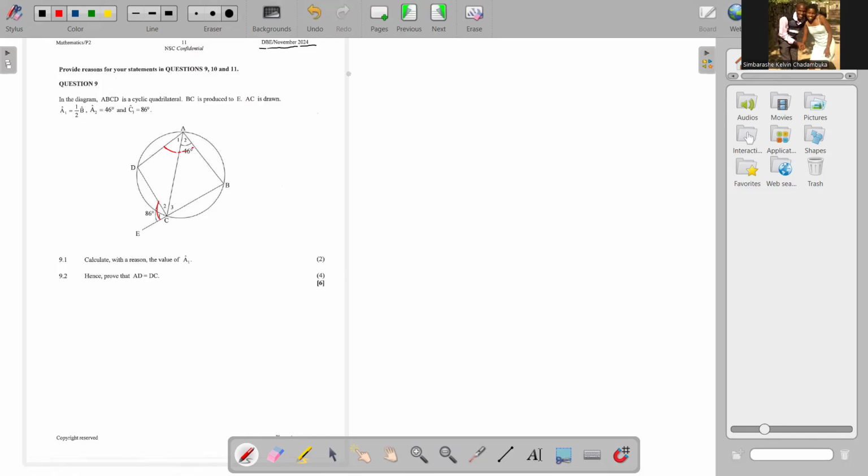So in question 9.1, the angle C1 is equal to that whole angle, which is A1 plus A2. The reason for that is exterior angle of a cyclic quad.